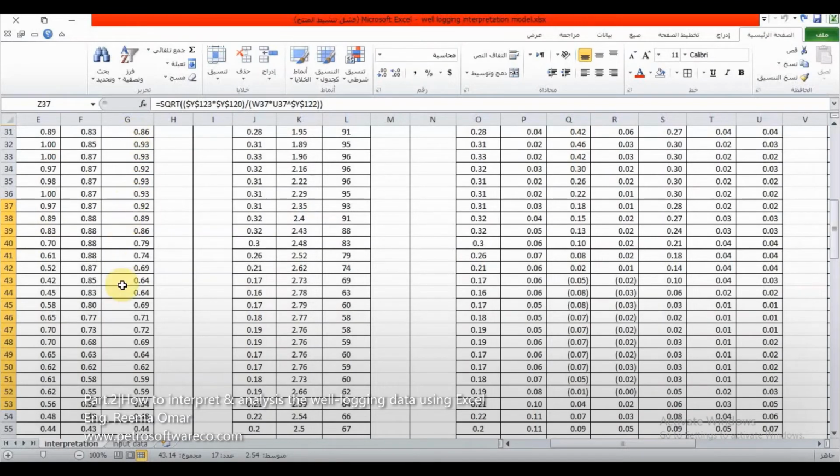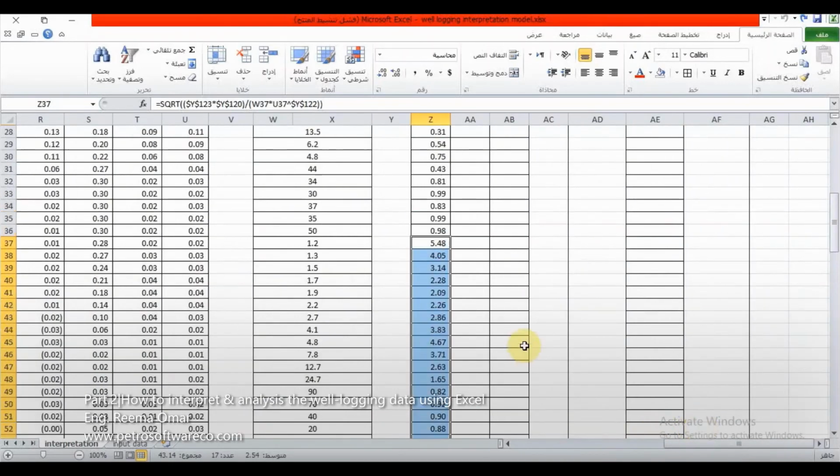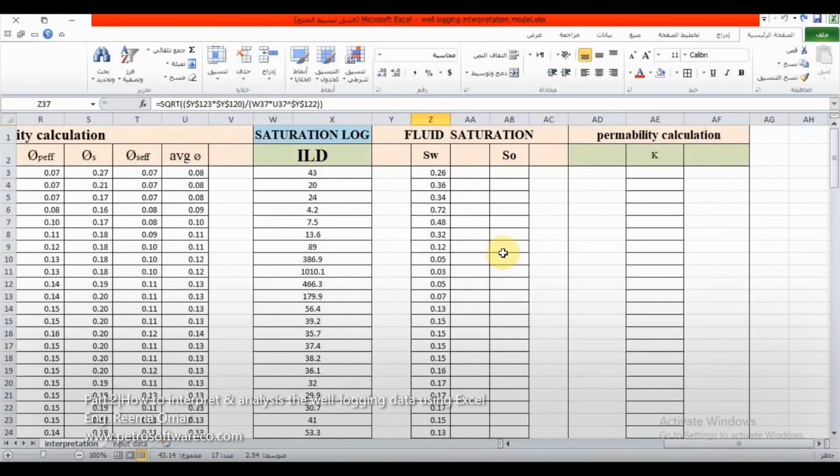So this water saturation indicates resistivity from the water in the shale, not from a water zone. You need to understand that.